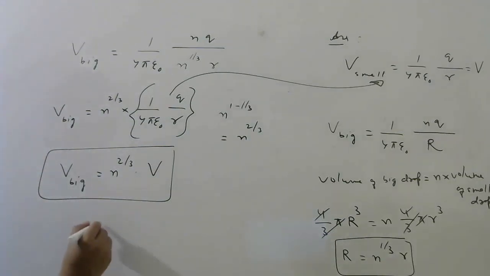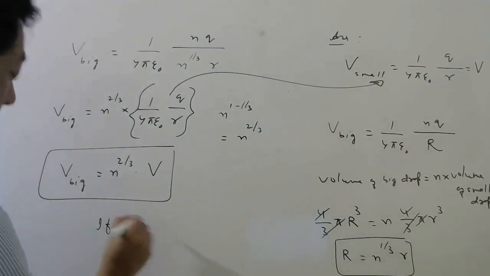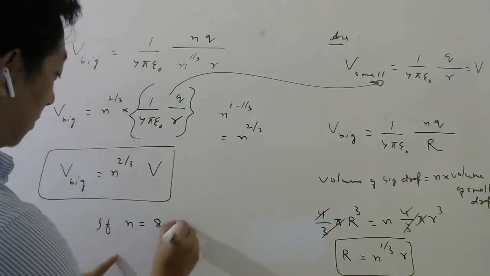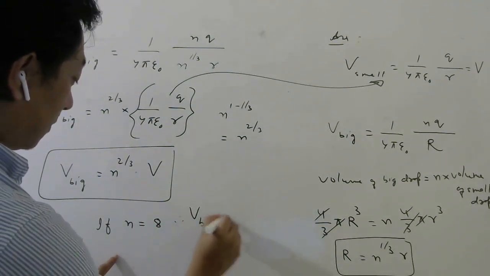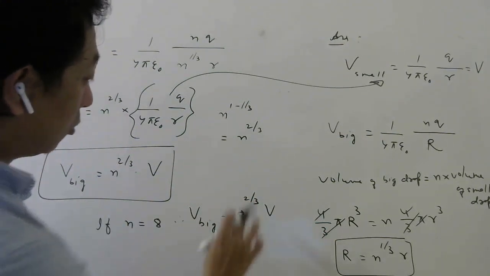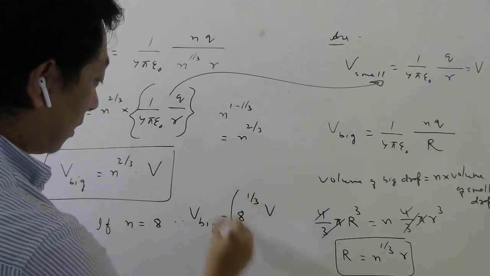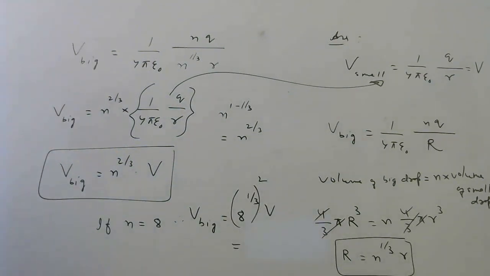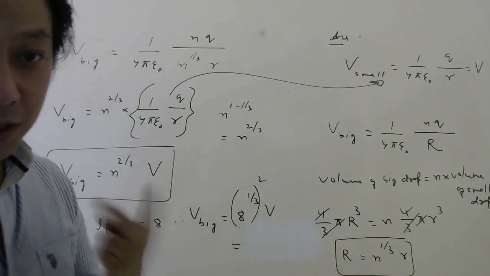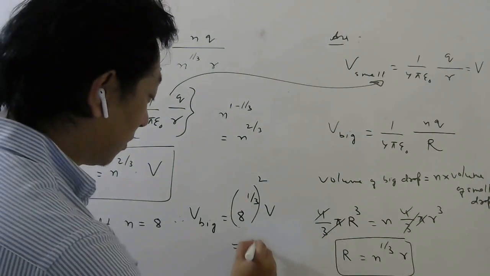Okay. So if in an example n is, let's say, 8, suppose 8 drops combine, then what will be the potential of the big drop? 8 power 2 by 3. So 8 power 2 by 3 I can write as 8 power 1 by 3, power 2 also. So 8 power 1 by 3 means cube root of 8. Cube root of 8 is 2. 2 square will be 4.